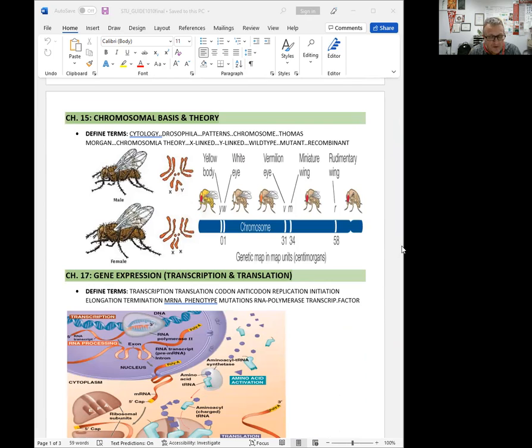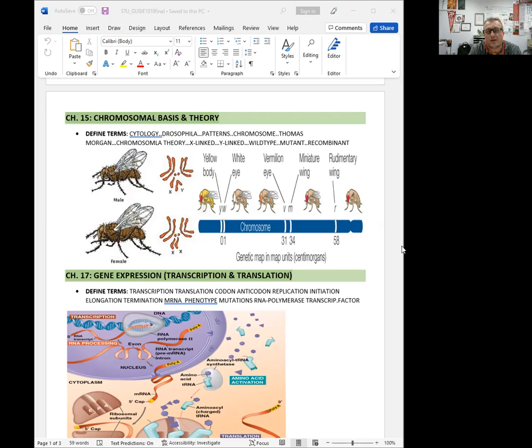Here in this chapter, we have Dr. Morgan and his experiments, and his choice of model organism, which is Drosophila, or fruit flies. In his work on chromosomal theory and X-linked genes, or Y-linked genes, or wild type and mutants, he created many mutants of Drosophila and crossed them with wild type normal phenotypes.